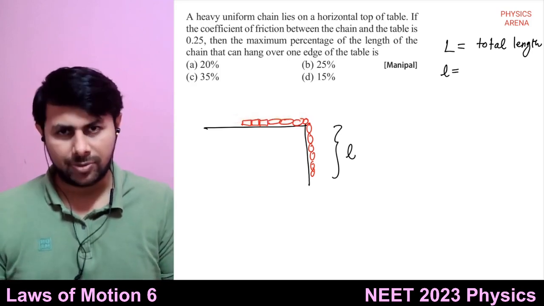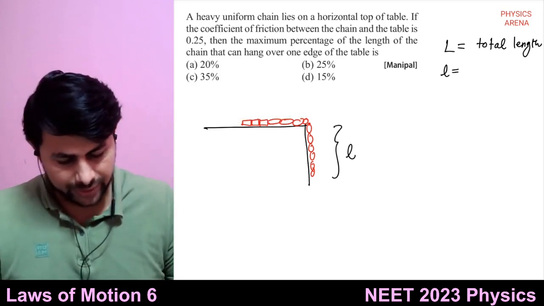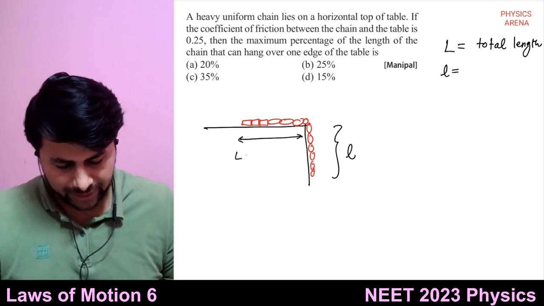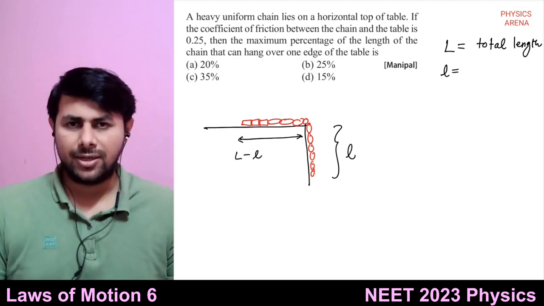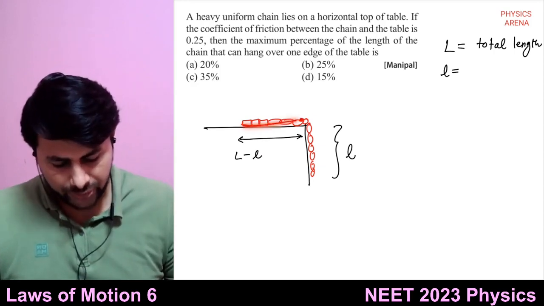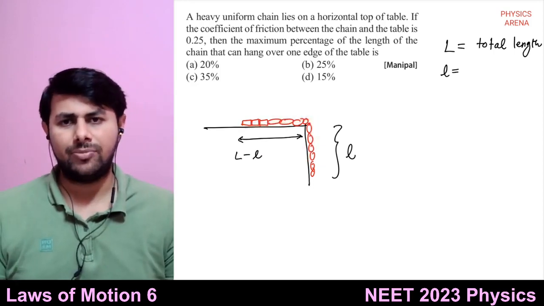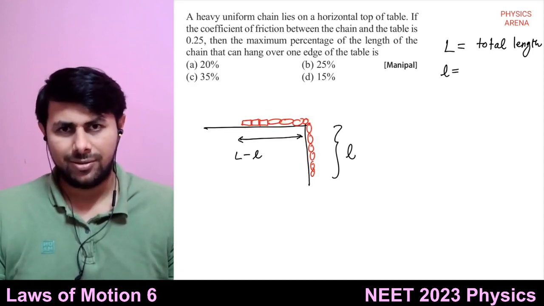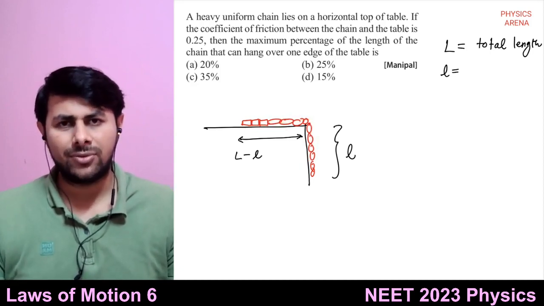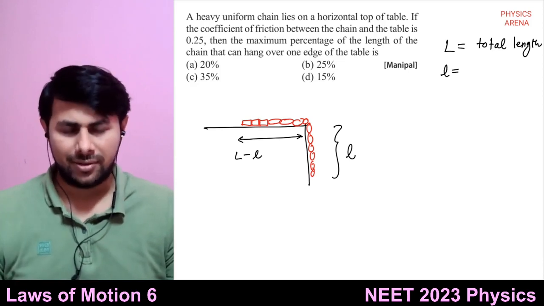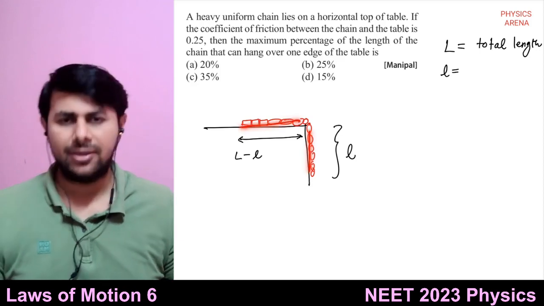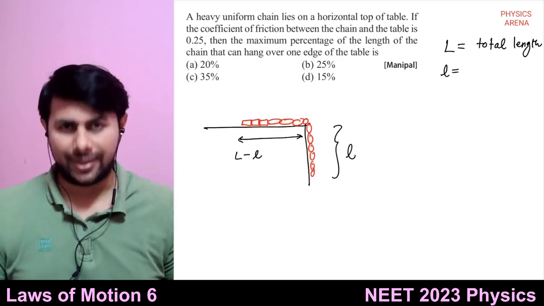Capital L minus small l. We'll consider that the mass is uniformly distributed over the total length of the chain. So the mass of this part and this part are in proportion to their length.